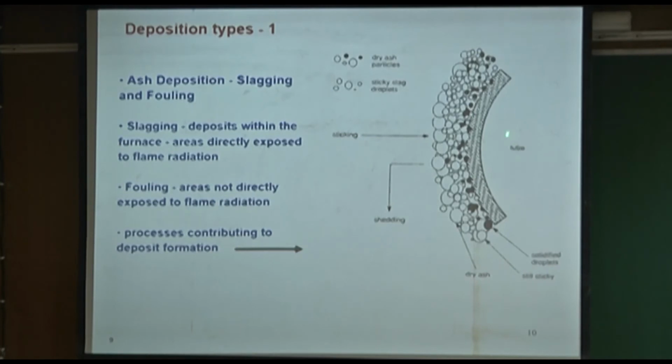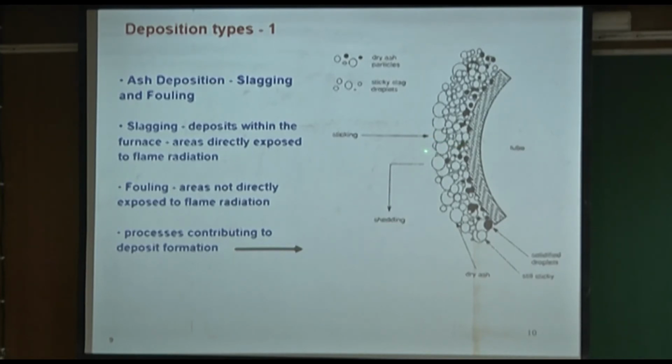So you have the tube in here, and the fine particles deposit first. They then attract more and more of the dry ash particles, and eventually the temperature here rises because it is impeding the heat transfer to the water, and therefore it starts to become slag.